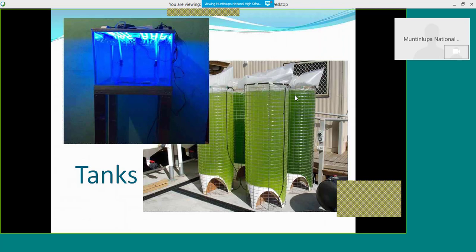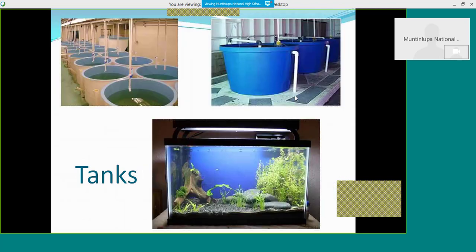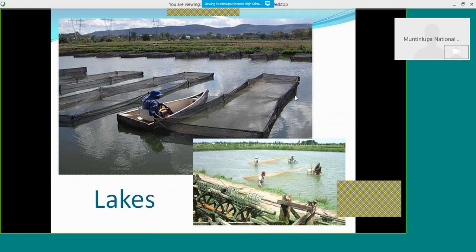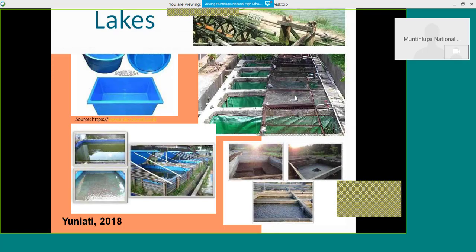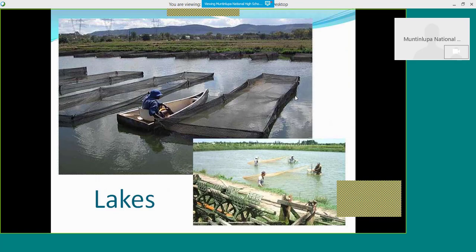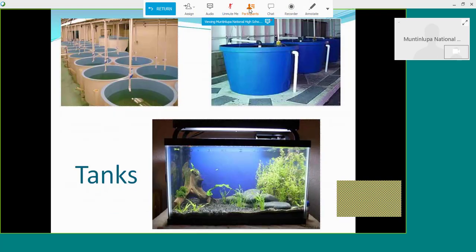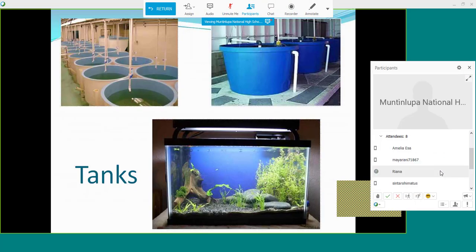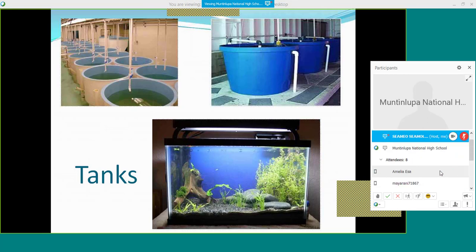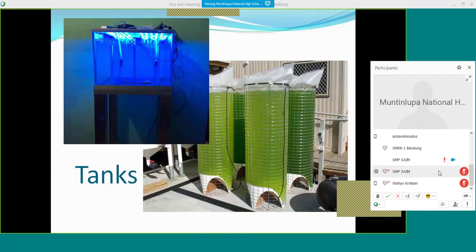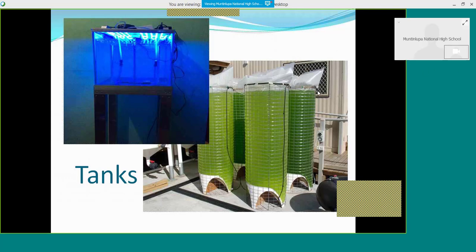And of course, we also have a photobioreactor, included in the tanks. But if I may ask you, what do you think is the difference between a pond and a tank? If you look at it, a pond can be natural or man-made, and an aquarium is an example of a tank, as you can see here, as well as photobioreactors.